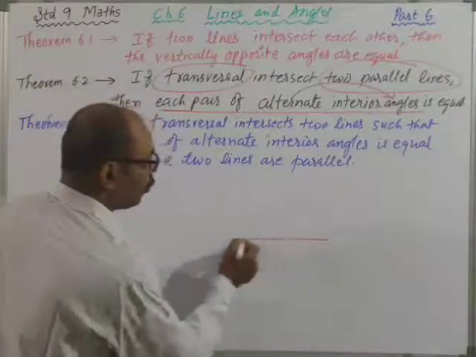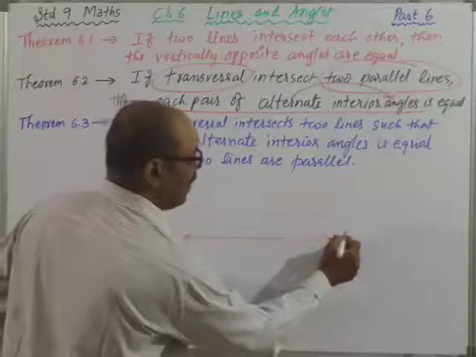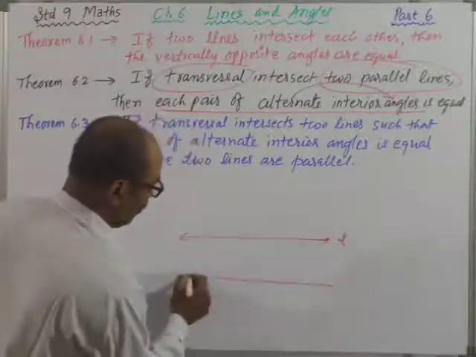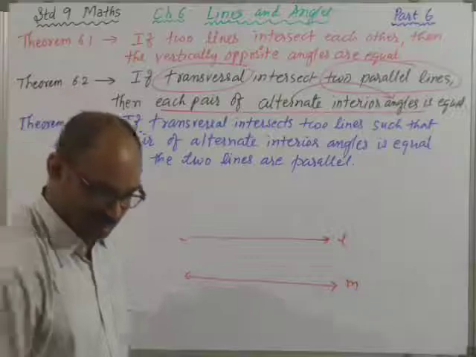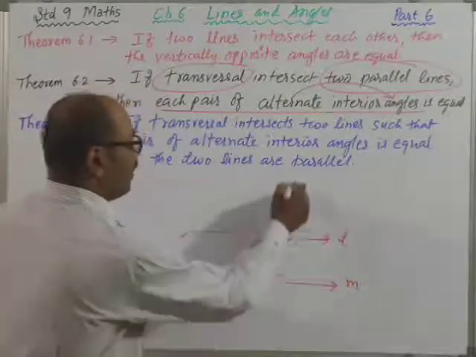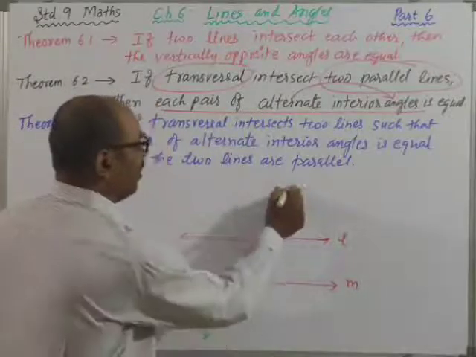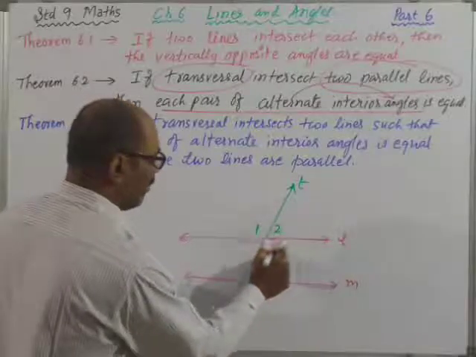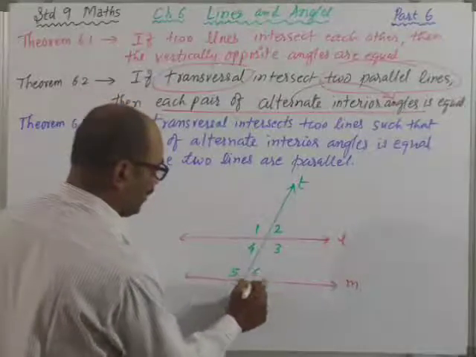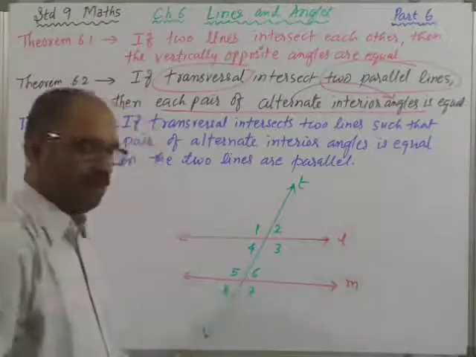Here, the two lines are parallel. Please be careful. L and M are parallel lines. Yes, this is the transversal T. Angle number 1, angle number 2, angle number 3, angle number 4, 5, 6, 7 and 8.